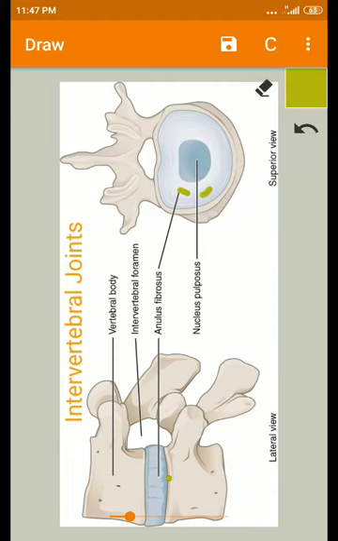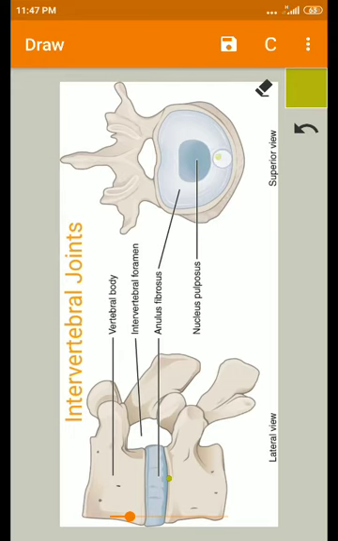Also, the discs form one fifth of the length of the vertebral column. The height of the intervertebral disc is greater in the cervical and lumbar regions than in the thoracic region.